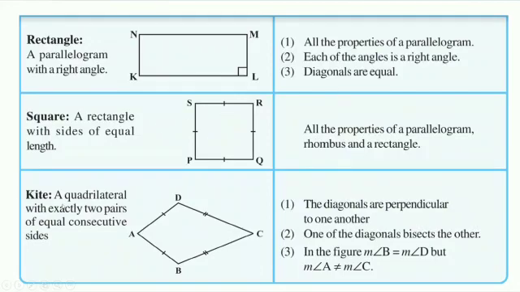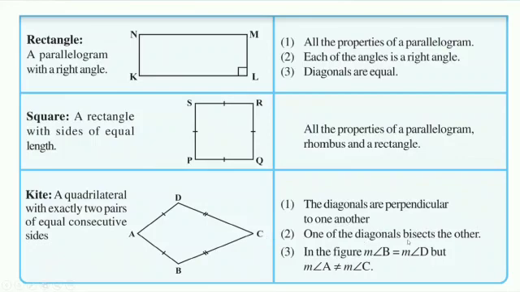Next one, kite, a quadrilateral with exactly two pairs of equal consecutive sides. Here you can see in the diagram that the consecutive sides AB and AD are equal and BC and CD are equal. Properties: the diagonals are perpendicular to one another.